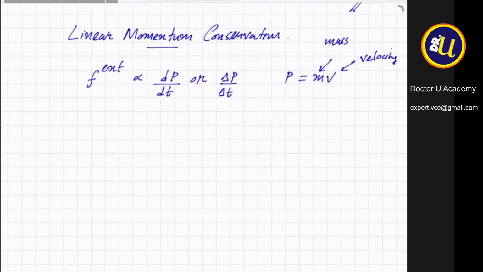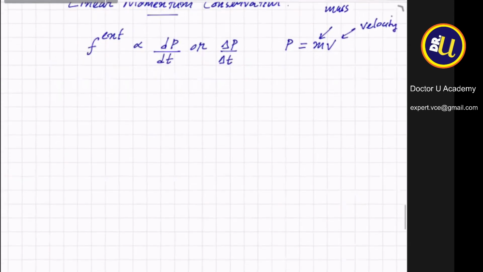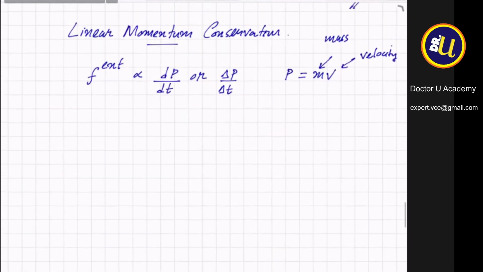Now if you're thinking about this here, F external, so we will have the equal sign, and the constant is 1. It's the famous Newton's second law of motion. So that would be dp over dt, right?